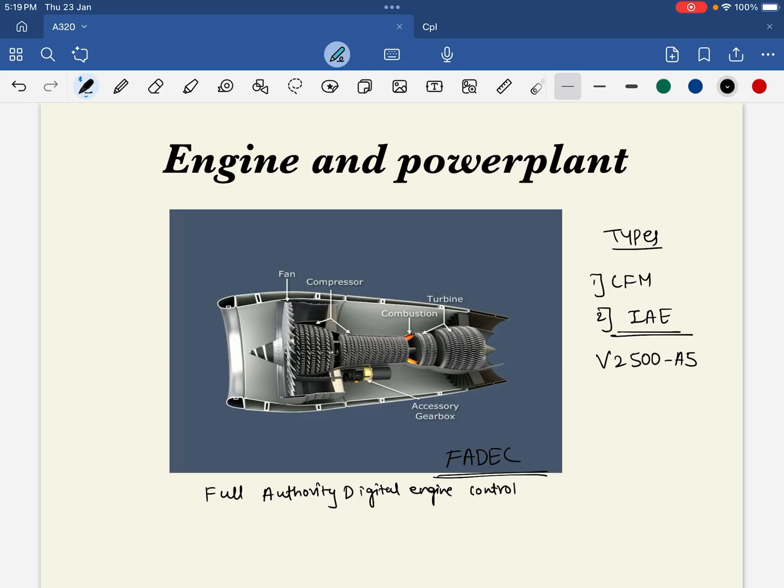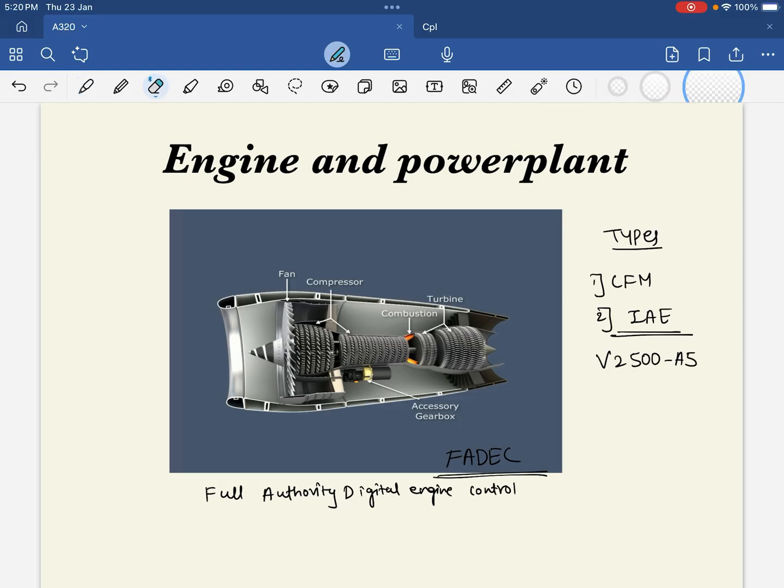So FADEC is the computer used for the engine. It controls all the engine parameters and monitors them, and detects any kind of malfunction. We will see the FADEC as we move further with the chapter.